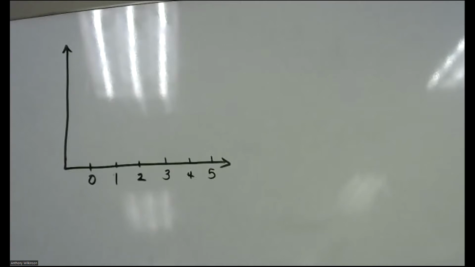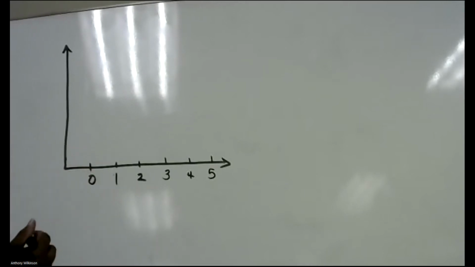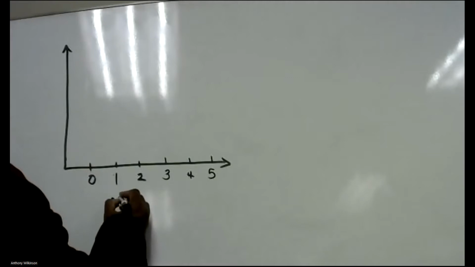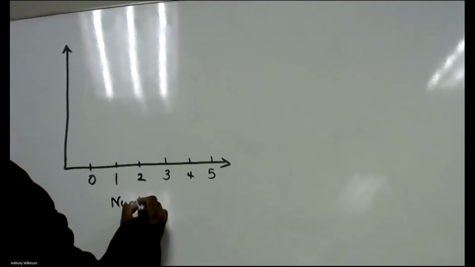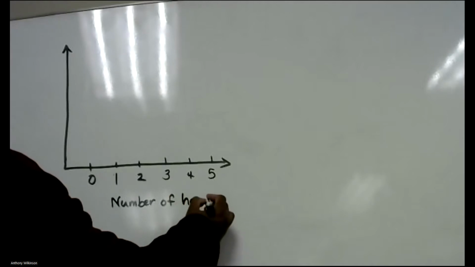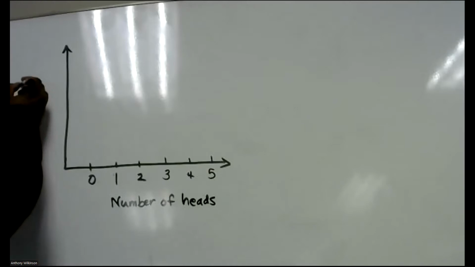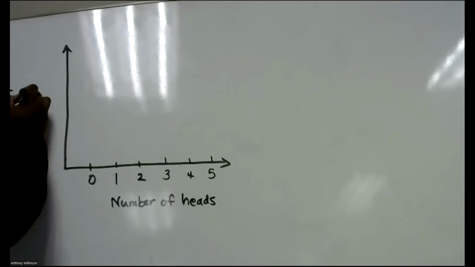Which one are you putting the numbers on? These, the 0, 1, 2, 3, 4, and 5, those are the number of heads. And then here's the frequency on the left, on this vertical axis.